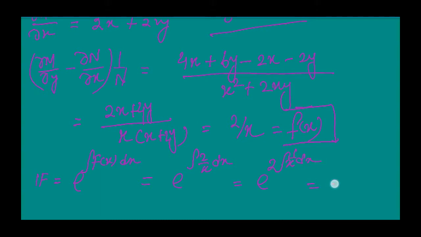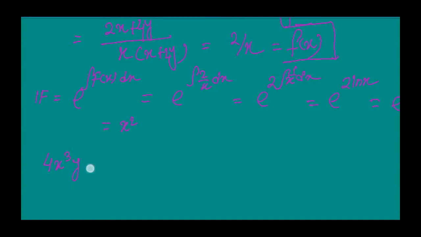This is e to the power 2 ln x, and this is also e to the power ln x square, and this is wholly coming as x square. So the integrating factor is x square. If we multiply x square on both sides, then it will be exact. So after multiplying, what will come?